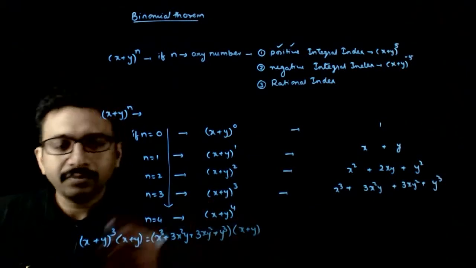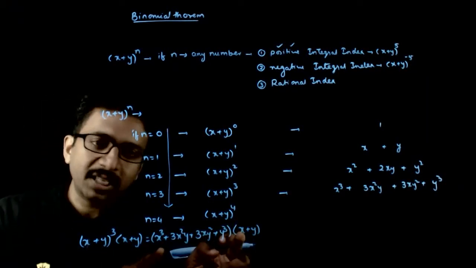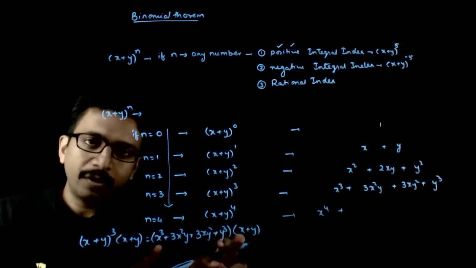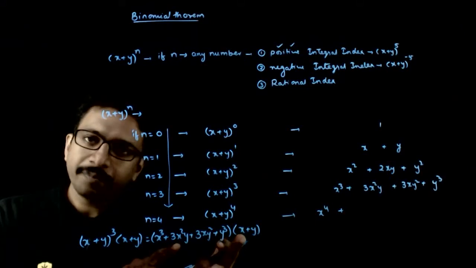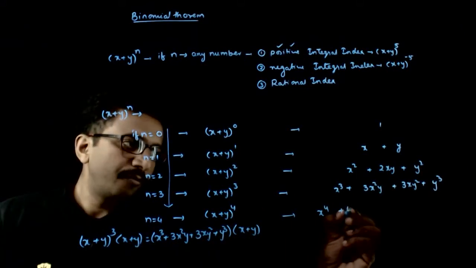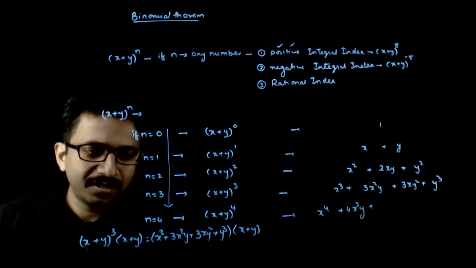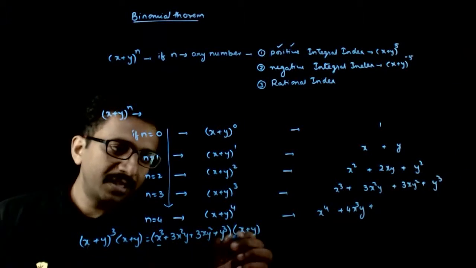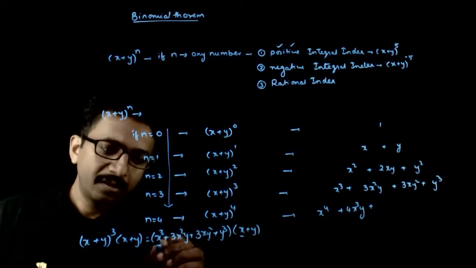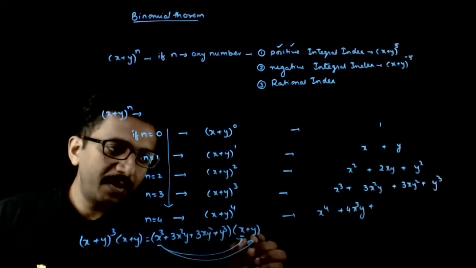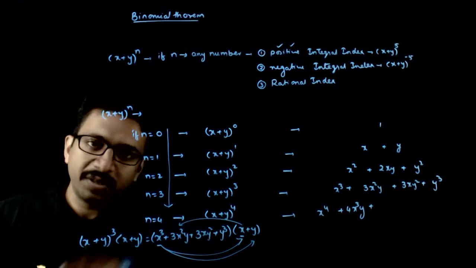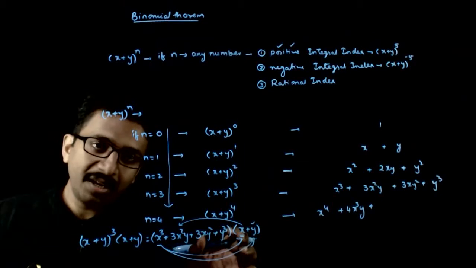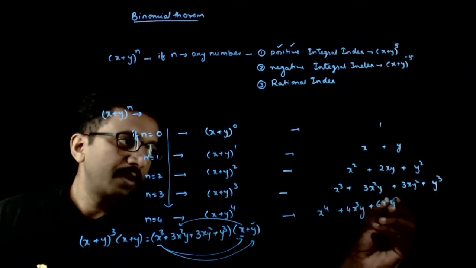times (x + y). If you multiply this, you see that you get an x^4 term. After x^4, you have 3x^3y + x^3y, that is 4x^3y. Then the next term: you have multiplied this with this, and this multiplication has been done, and afterwards you have to multiply this with this, that is 3x^2y^2 plus again 3x^2y^2, you have 6x^2y^2.